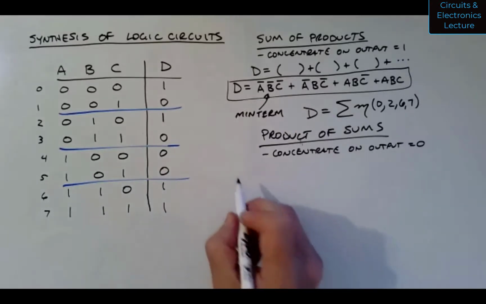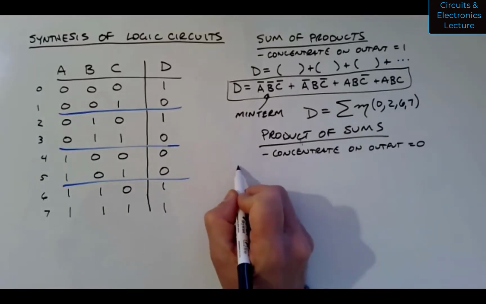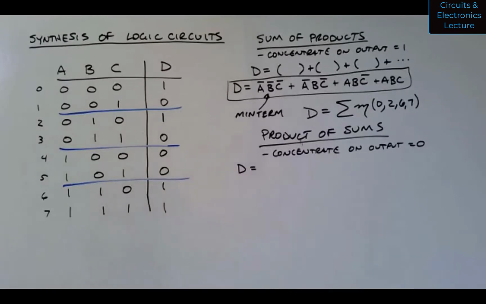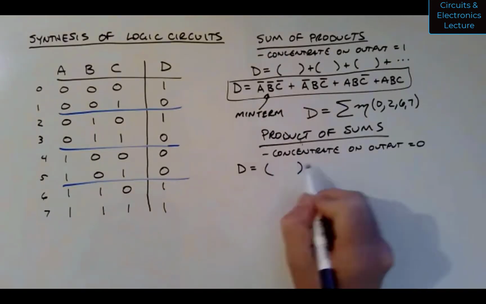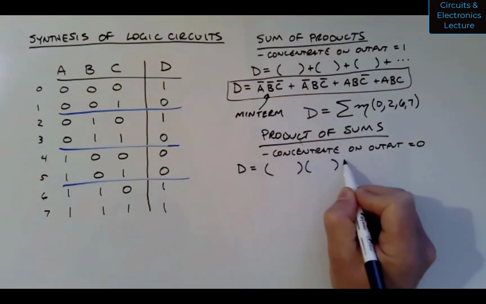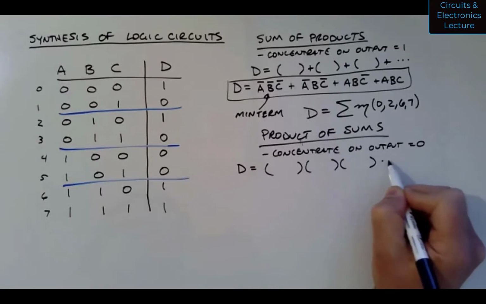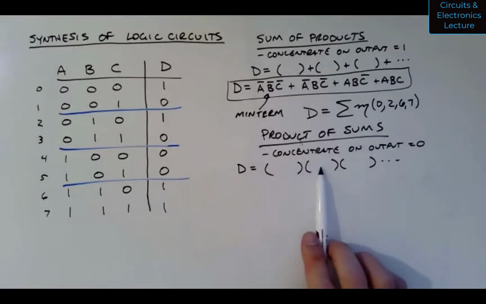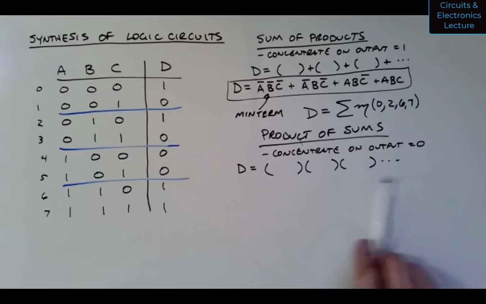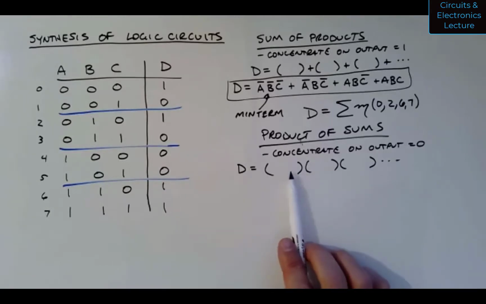And the way I do this is, D equals the product of these terms. So here's a term, here's a term, here's a term, dot, dot, dot. These 3 terms in parentheses, and maybe more, are inputs to a multi-input AND gate.